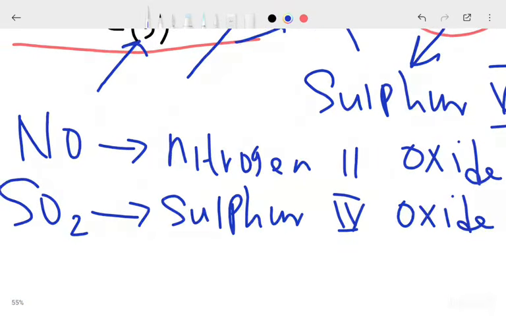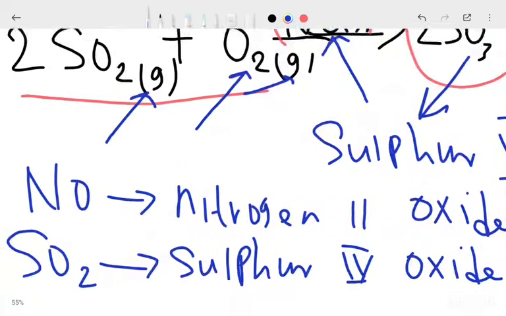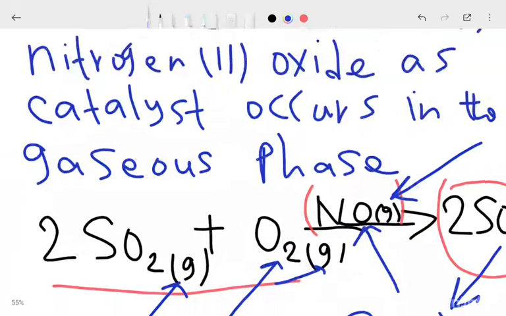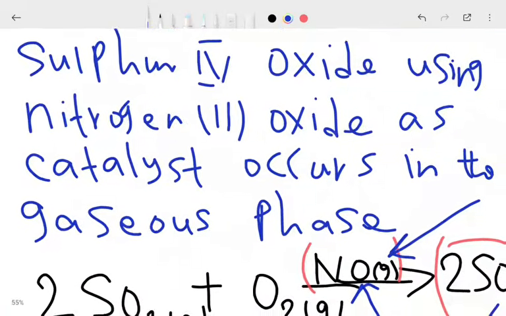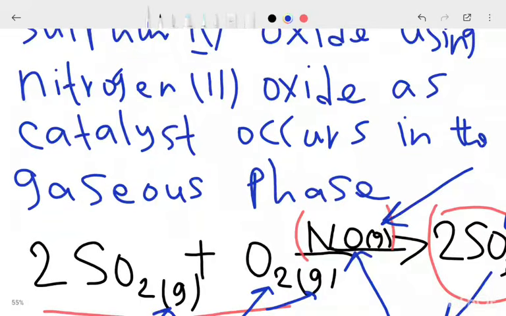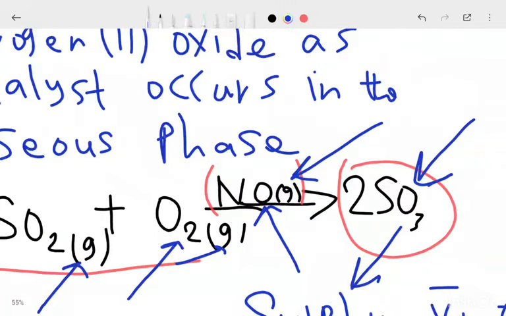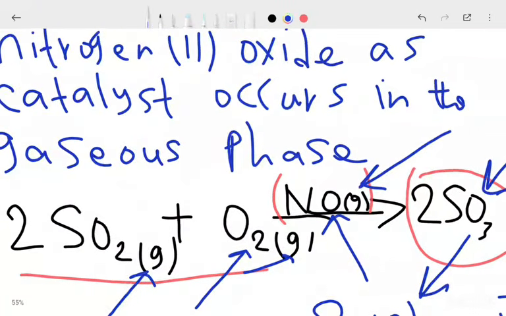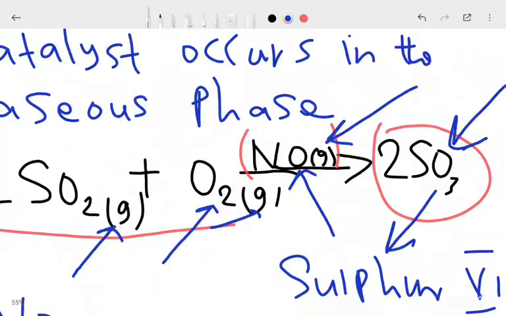Are you getting it? So meaning that, look at it, the oxidation of sulfur 4 oxide to form sulfur 6 oxide, what catalyst is used? Nitrogen 2 oxide.